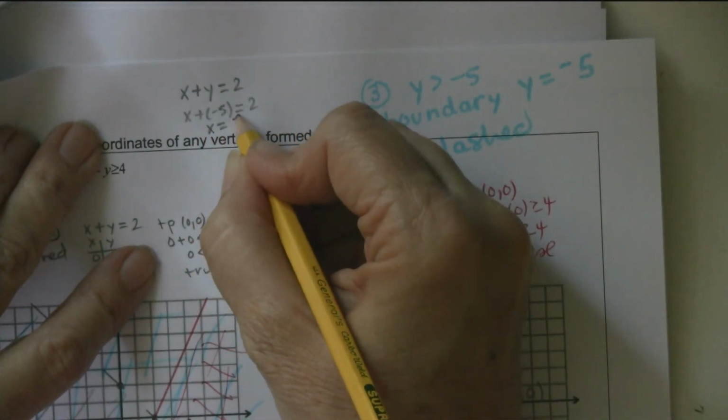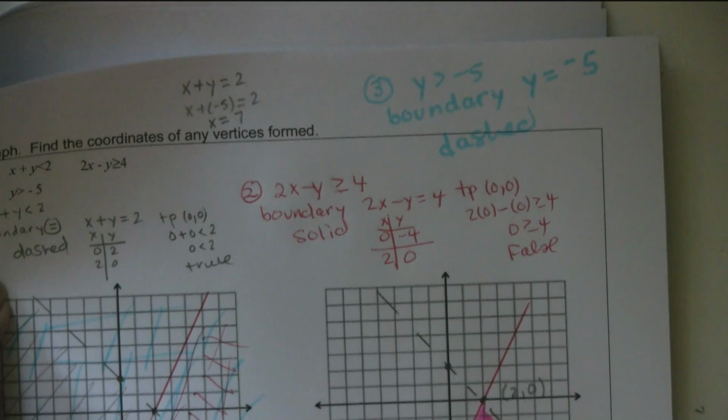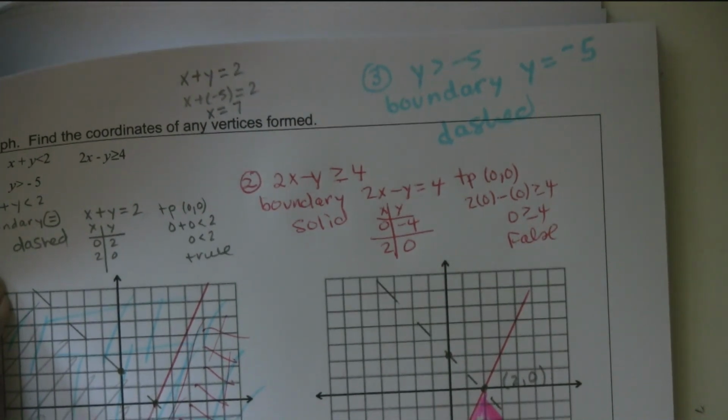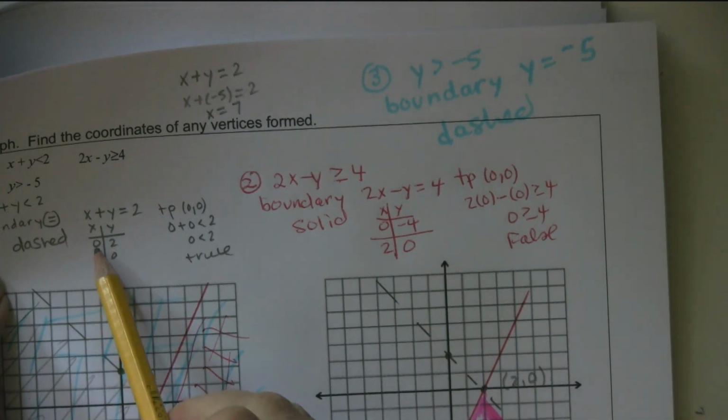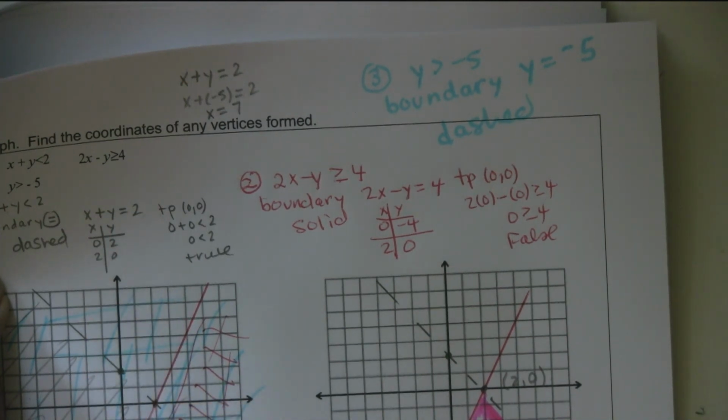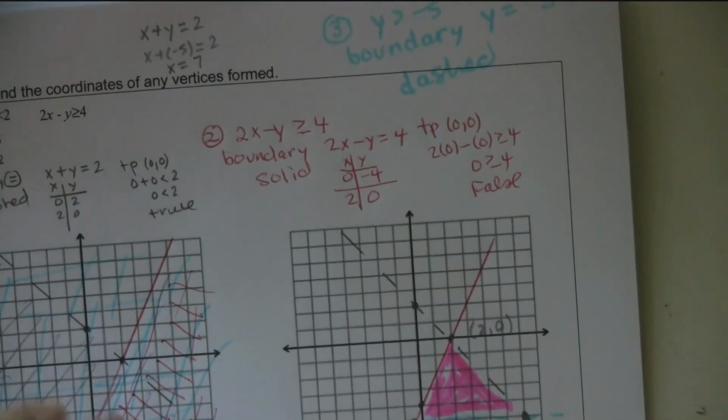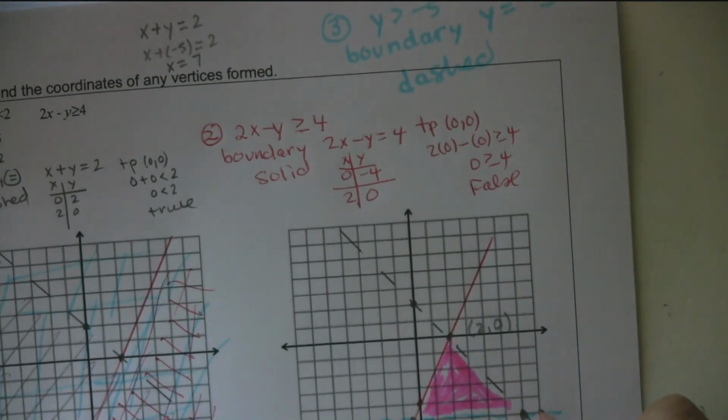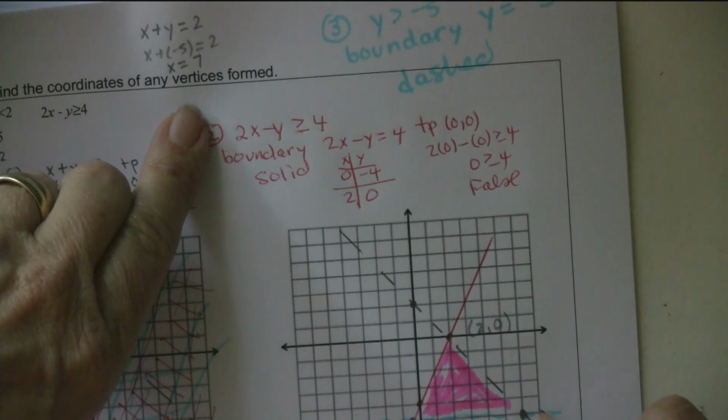X equals 7, right, when I add? But this is definitely 7, negative 5.